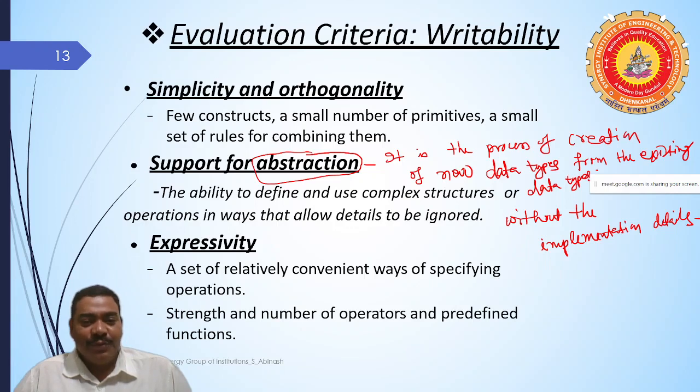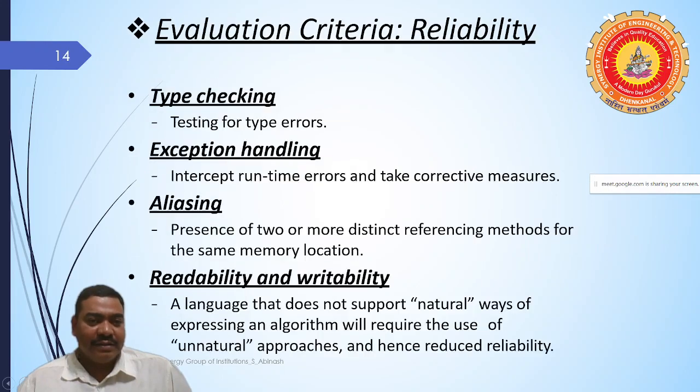That also comes under expressivity. So next is type checking, testing for type errors, and exception handling. In Java you have learned exception handling, that is, intercepting run time errors and taking corrective measures.